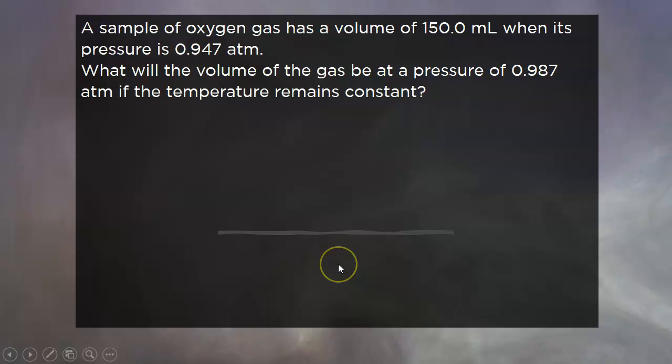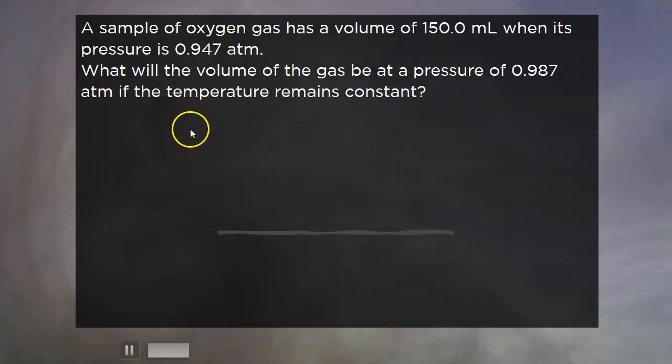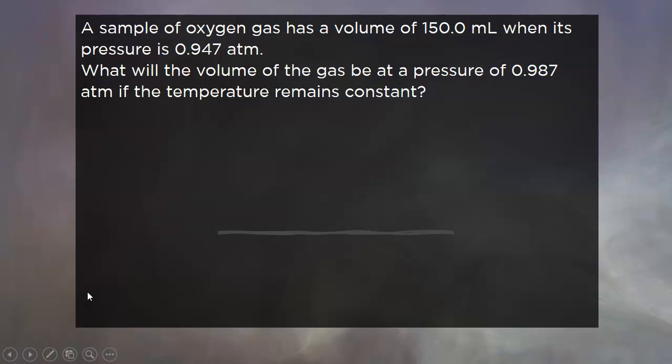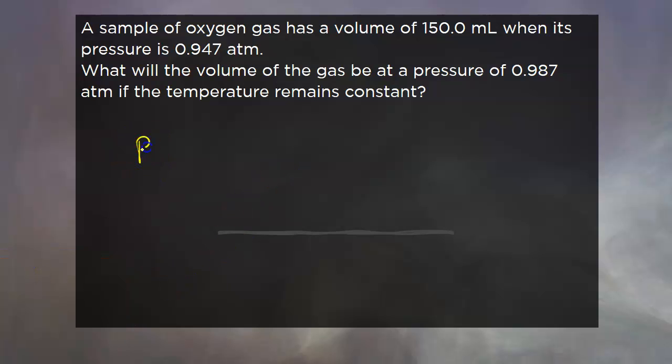So let's go ahead and look at an example of how that would work in an equation. So knowing that P1 times V1 equals P2 times V2, let's figure out what those things are.